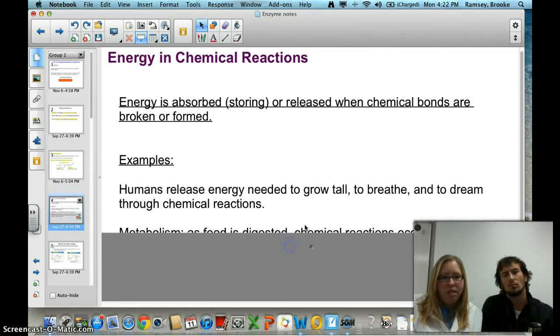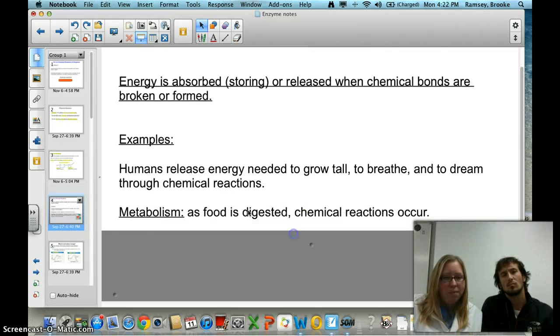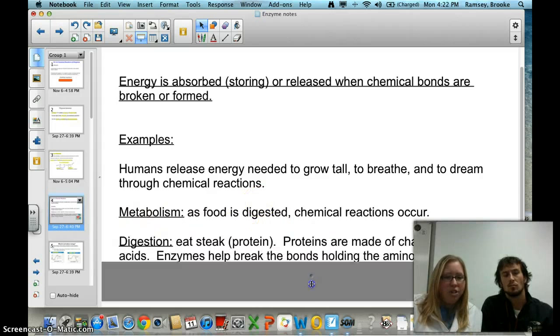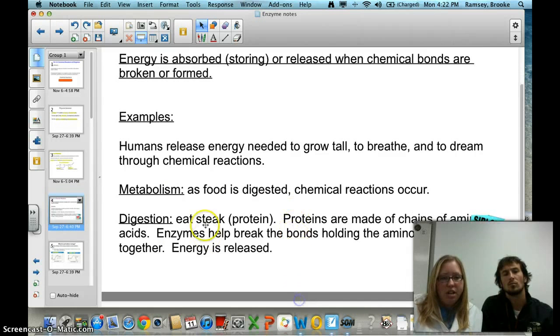So some examples in our body of chemical reactions occurring would be metabolism. When we are digesting our food, these chemical reactions occur. When we have digestion, for example proteins, when we eat meat, we break the chains of amino acids with the enzymes that we have inside of our bodies.